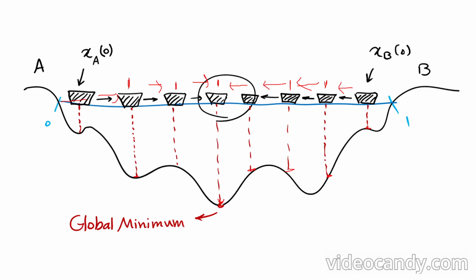So by using this we found out that this point is the minimum point of the lake. This is the particle swarm optimization method in a one-dimensional plane.